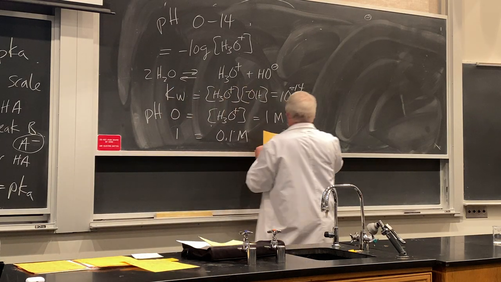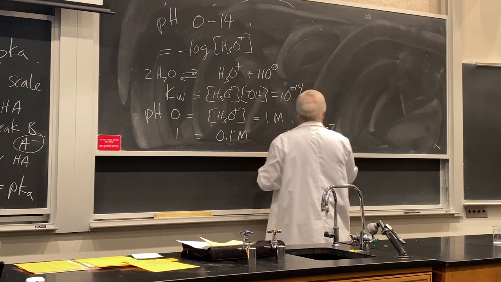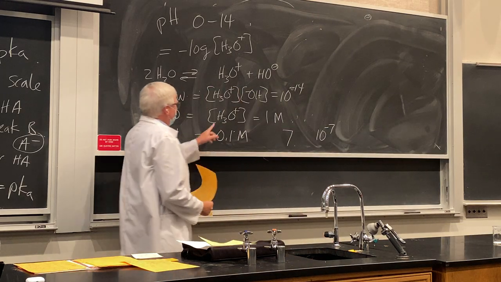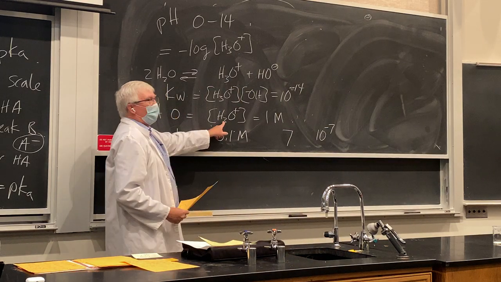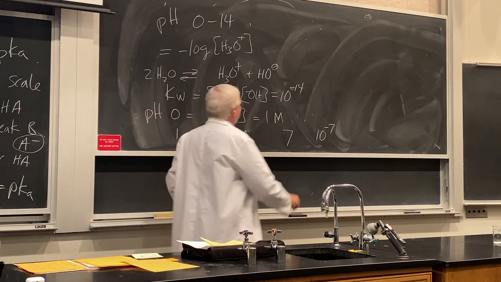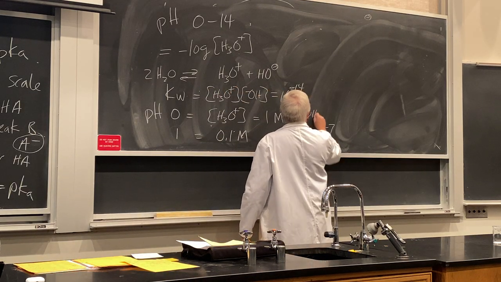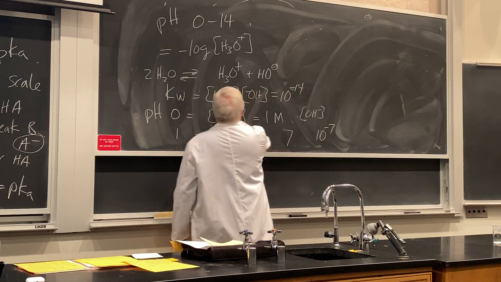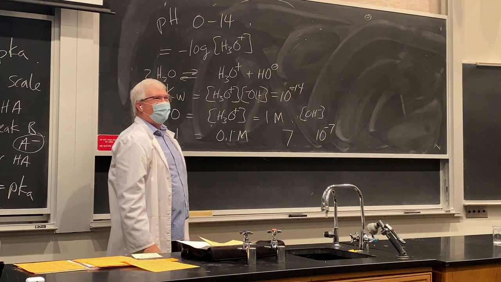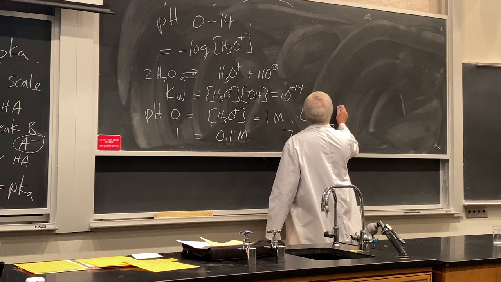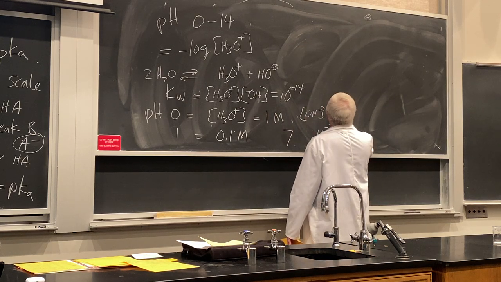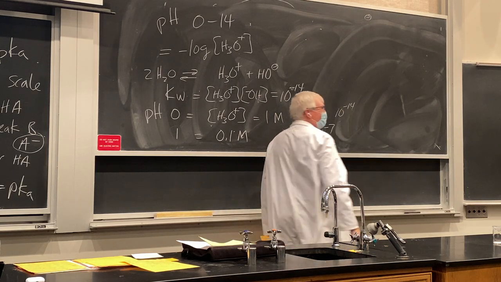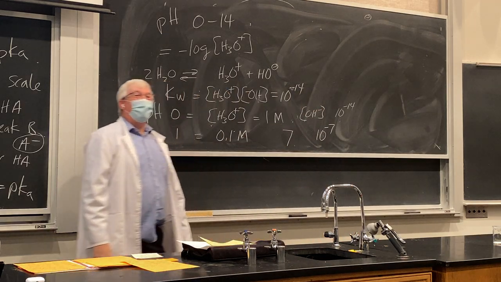pH 7, the hydronium ion is 10 to the minus 7. Well, maybe we ought to back up here. If your pH is 0, hydronium is 1 molar, what's hydroxide at that point? Remember, this is always a constant. So hydroxide at 0 pH is what? 10 to the minus 14. It's still there.